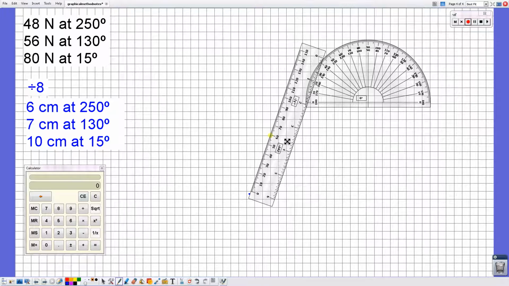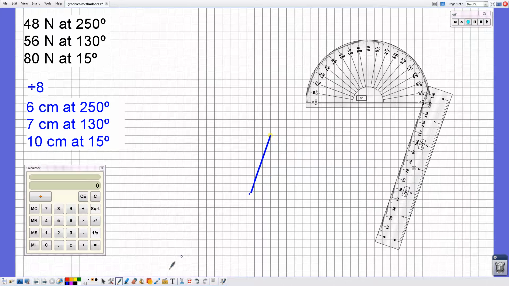So I'm going to put 6 right at the beginning and continue down to the 0 mark. Notice how it doesn't touch the dot. It can, but in this case it doesn't. Alright, and now I'm there.